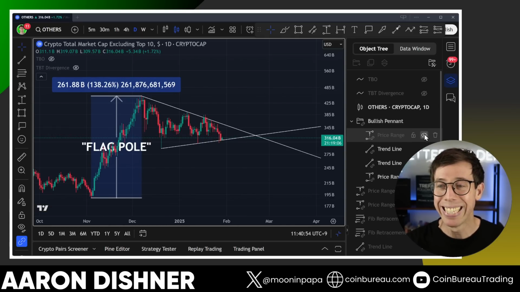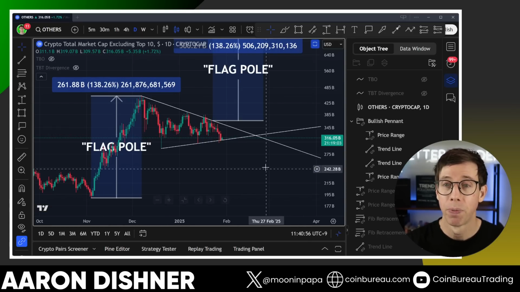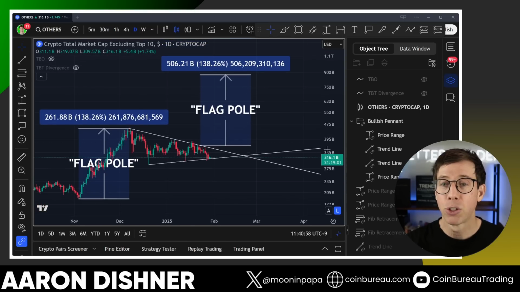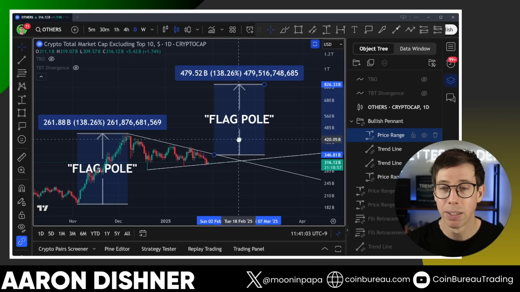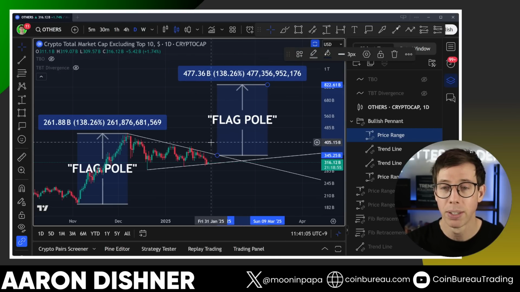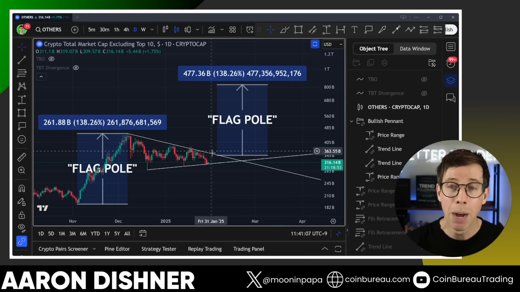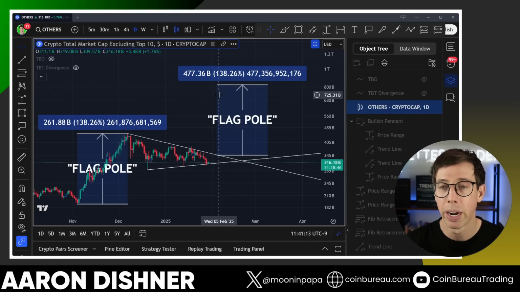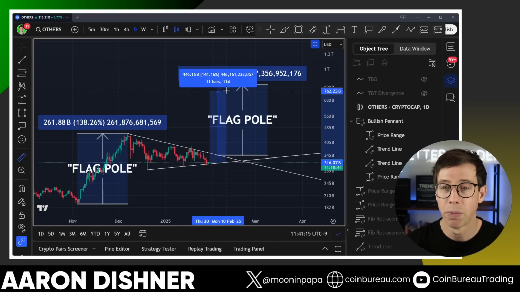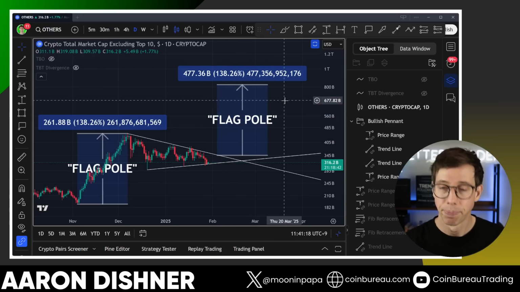The expectation is to take that flagpole, that same measurement, and superimpose it on the breakout. Whenever this happens, my guess is it's going to be somewhere over here. To be honest, it's going to take some time. But when it happens, we have a topside target of the others market cap increasing by 138%. But from the current price, moving up probably 150 or so, 159%.